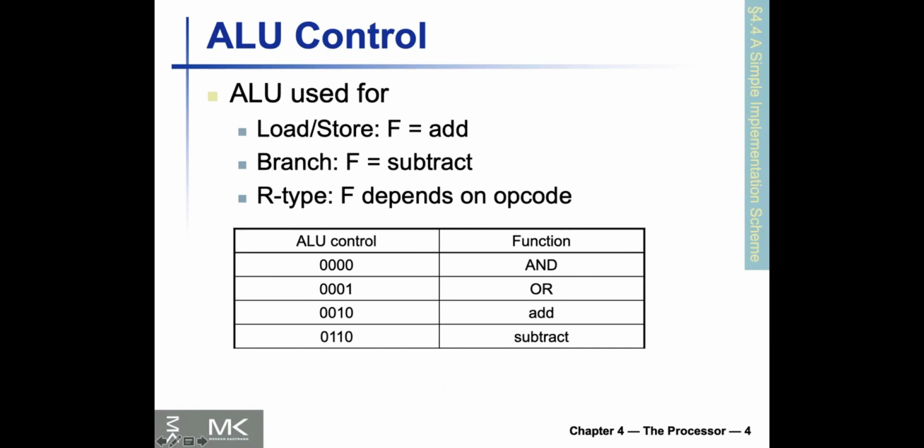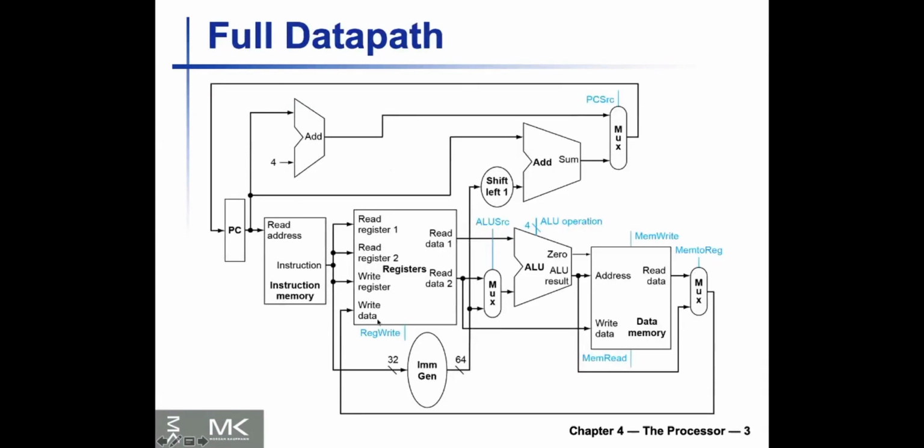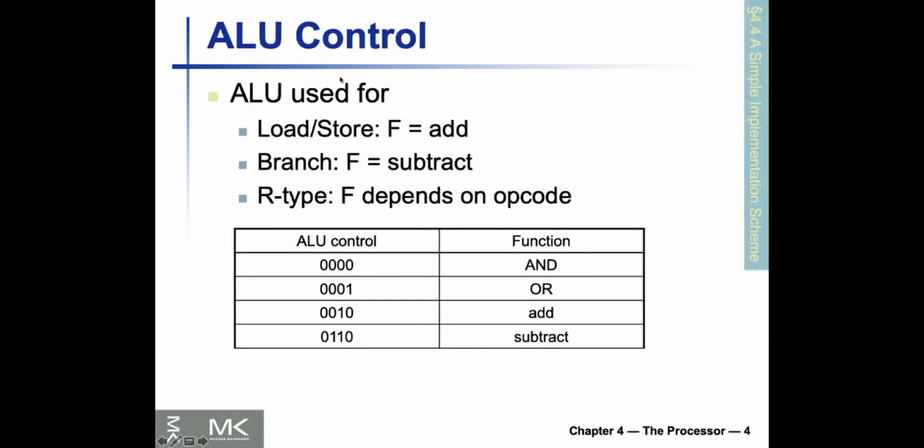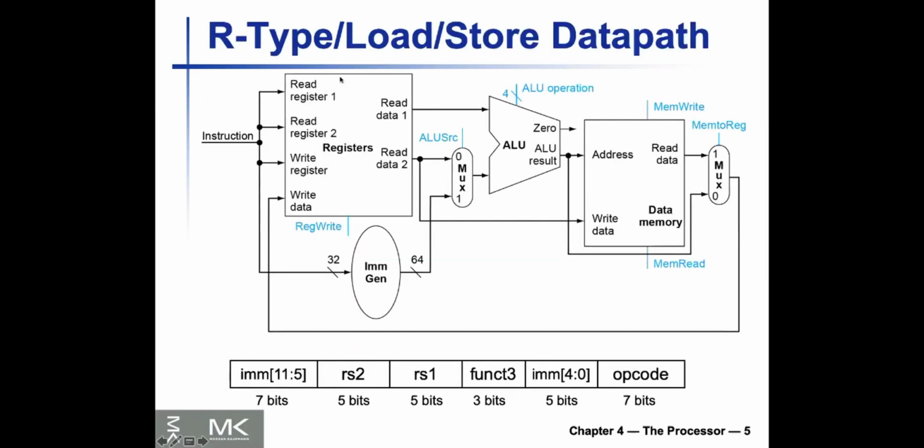I'm not going to ask you to just complete AND or add, but you need to understand that we have certain control signals at each of these locations to determine if the output of the mux would be using certain behavior. If we are going for the branch, what's going to happen here, if we are branching or not. So these control signals will determine how we're going to execute in a data path.